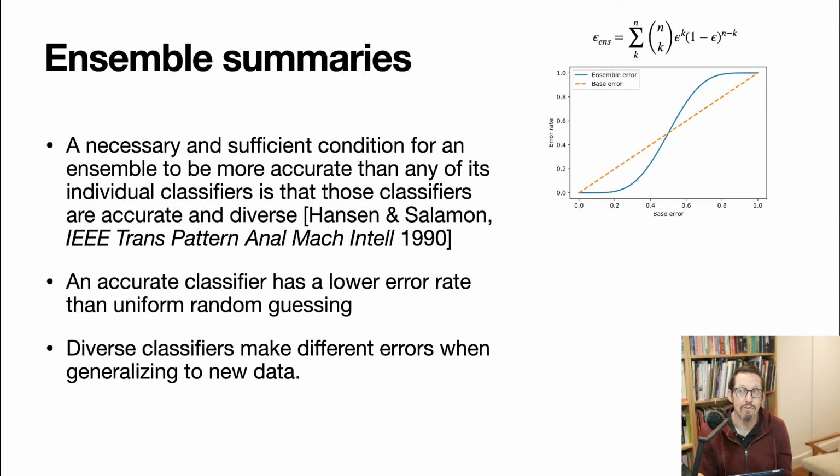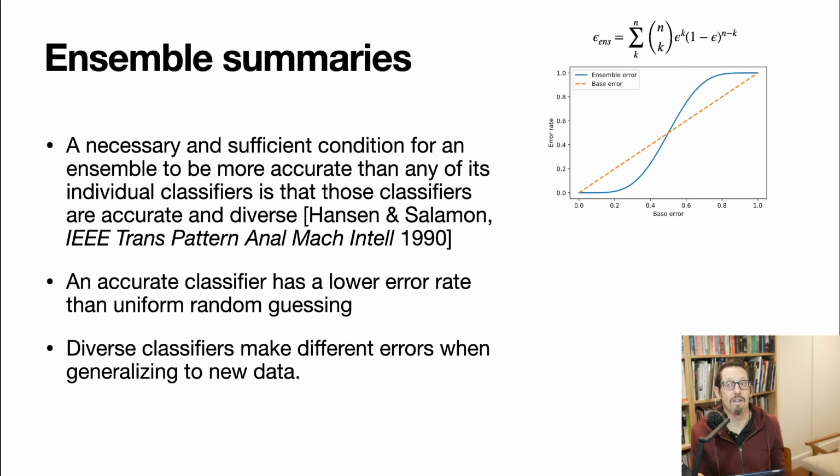All right, so Hansen and Salamon showed a long time ago that we can say how it is that an ensemble can do better than any individual classifier. It's necessary and sufficient for an ensemble to be more accurate than any of its individual classifiers if those classifiers are accurate and diverse.